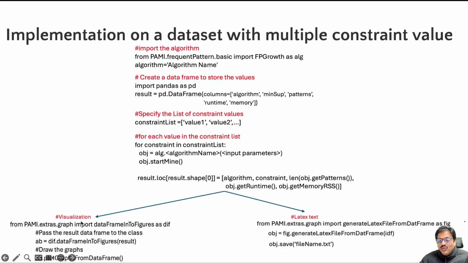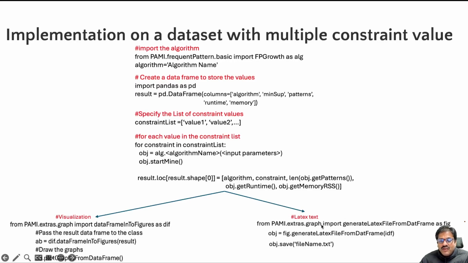For example, if you want to view the results as line plots, simply call the function pami.extras.graph import data frame into figures. This PAMI program will read the data frame and print the results.